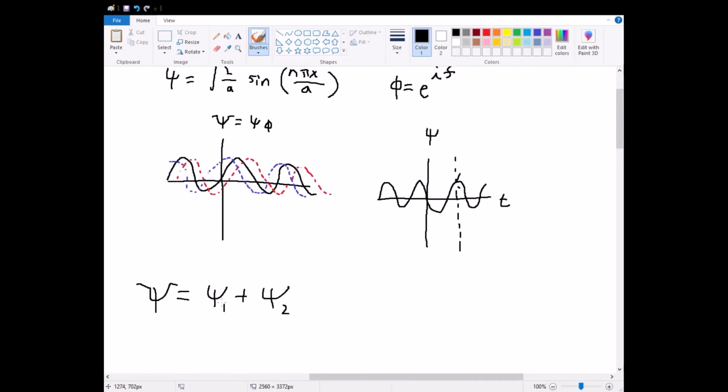These psis have different phases, and since big psi is the superposition of psi 1 and psi 2, if you add the superposition of two time-dependent sinusoids, depending on what time you use to add them together, they will look different. That is the reason why these sub-phi terms that appear next to psi 1 or psi 2 will actually change the result of our measurements, whereas an individual big psi times a big phi will not affect the measurement.